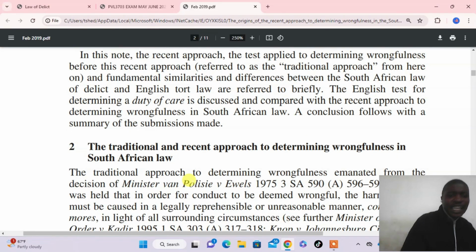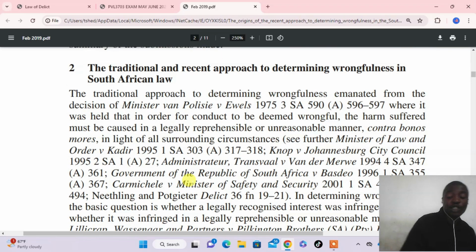So it's a nice document which will teach us about the new test of South Africa and then the traditional test. They say that the traditional approach to determine wrongfulness emanates from the decision of Minister van Police v Ewels, where it was held that in order for conduct to be deemed wrongful, the harm suffered must be caused in a legally reprehensible or unreasonable manner, contra bonos mores, in light of all surrounding circumstances.